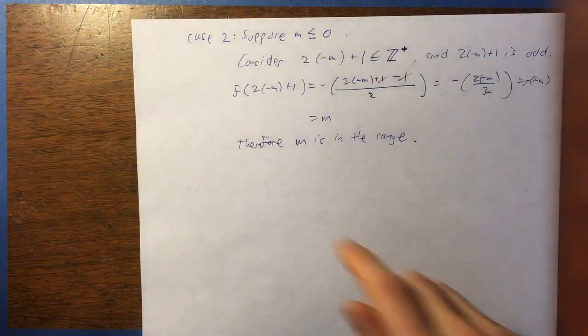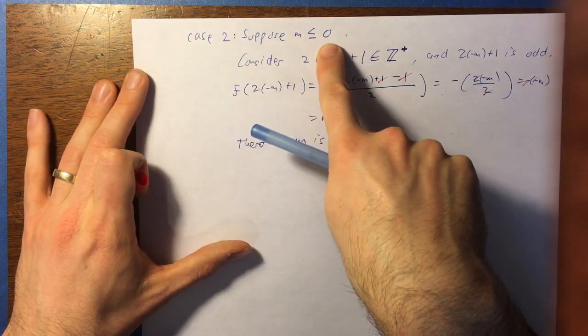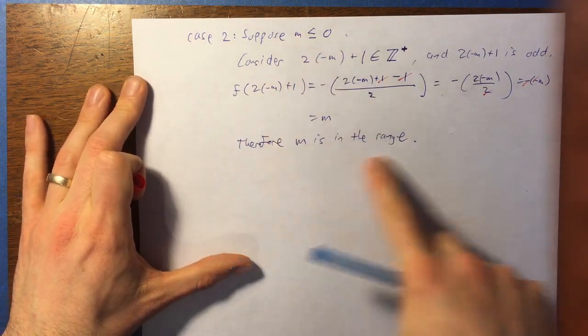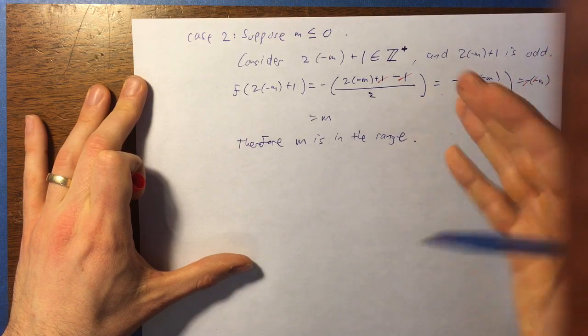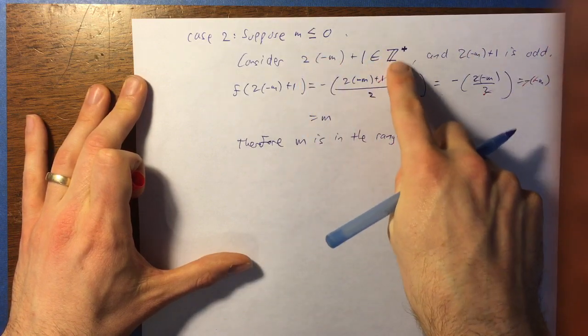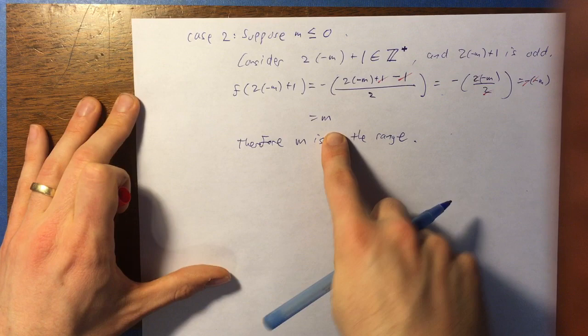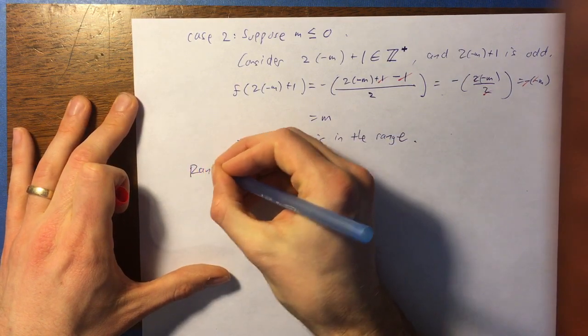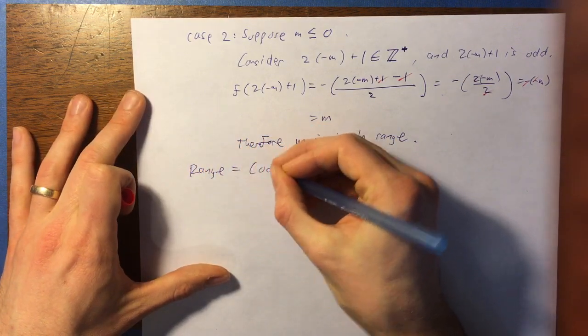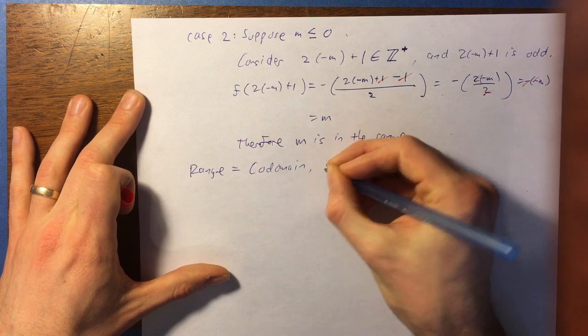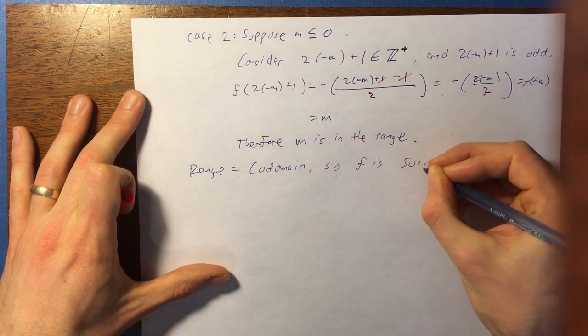And now I've shown if it's not positive, less than or equal to 0, then again it's got to be in the range because I was still able to find a pre-image for it, a valid input that maps to it. So therefore, range equals codomain. So F is surjective.